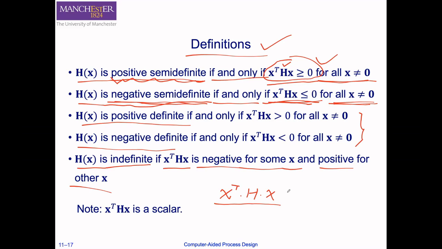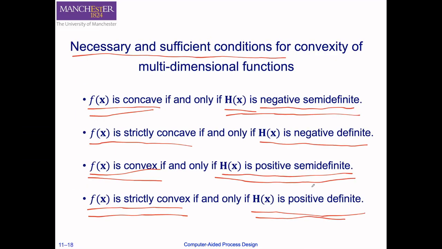Then we can determine if the Hessian matrix is positive semi-definite, negative semi-definite, positive definite, negative definite, or indefinite. However, using these definitions is not convenient in most cases. This is because we need to prove that the term X transpose times the Hessian matrix times X is positive or negative for any X which is not equal to 0.